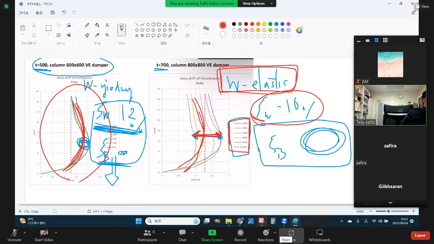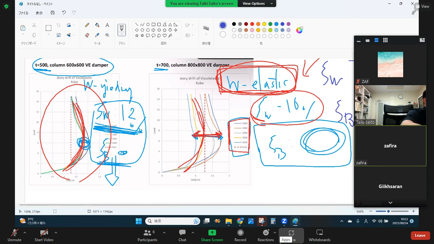So, could you check the paper by Tokyo Institute of Technology? In his design, did he expect yielding of the coupling wall, or did he discuss damping of the wall and effective damping of the beam? Yes, I will check, sensei.